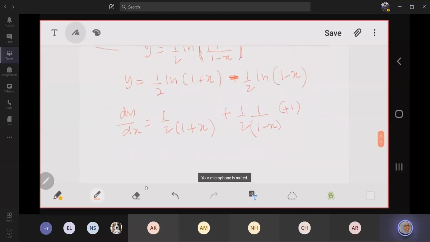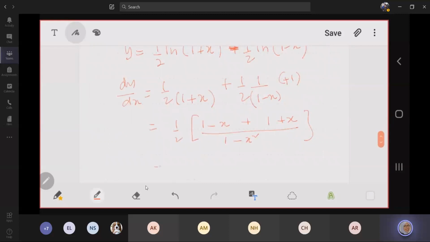So it becomes 1 on 2, (1 minus x) plus (1 plus x) under a common denominator, divided by 1 minus x squared. The 2 cancels, so you get dy by dx is equal to 1 divided by 1 minus x squared.